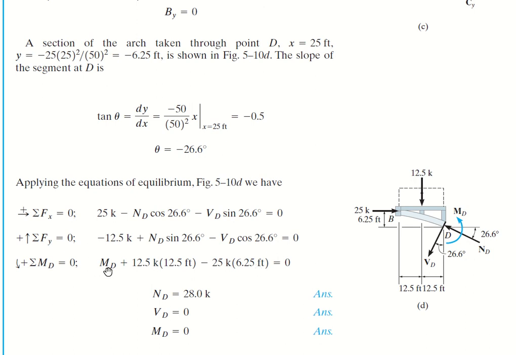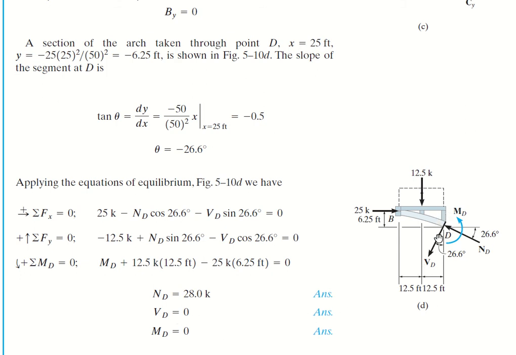Okay, so from these equations we will get the value of MD, which is 0 because they both will cancel each other, and solving these two equations for ND and VD we will get the values of ND, which is 28. So here the normal component is 28 and the shear component is 0.